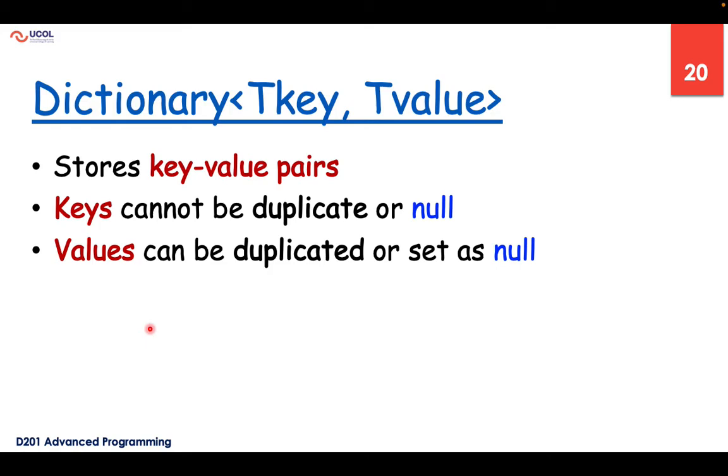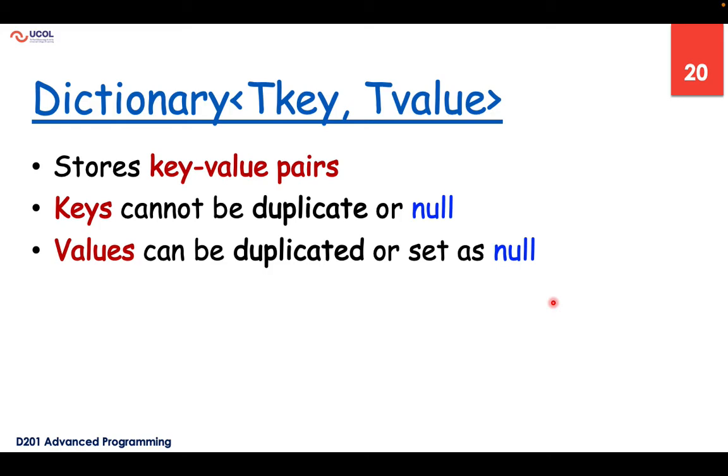We also have dictionary. Dictionary is also a key value pair, but here the values are not sorted based on the key. Keys cannot be null or duplicate, but values can be duplicated or null.